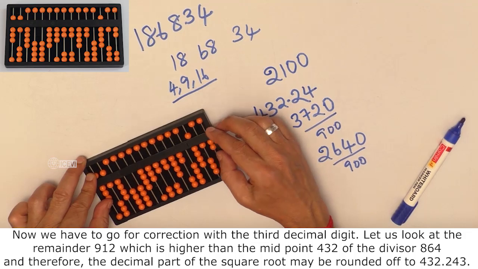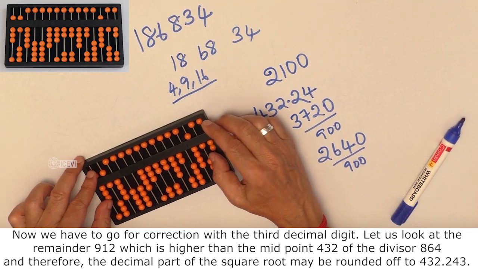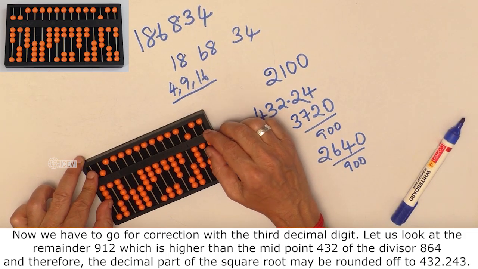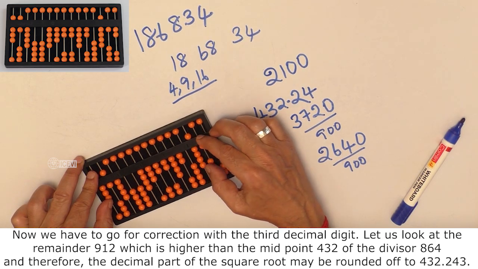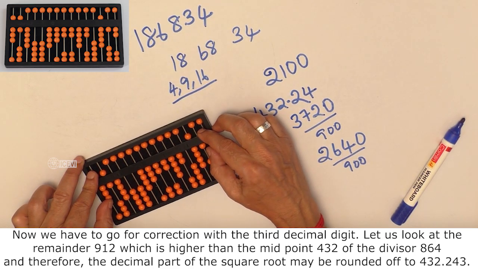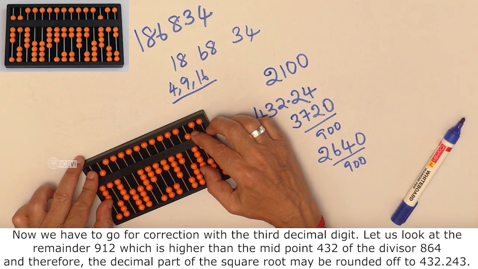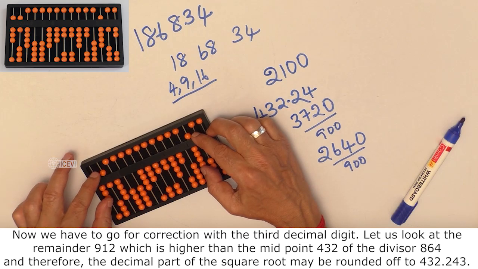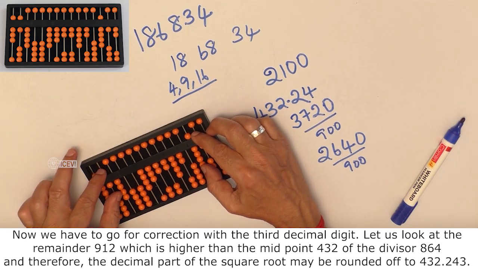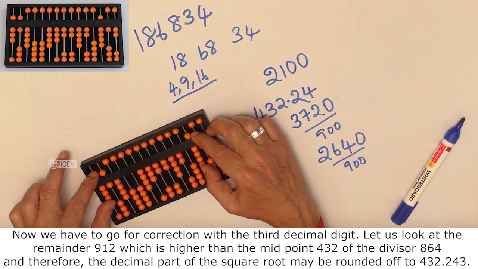Now we have to go for correction with the third decimal digit. Let us look at the remainder 912, which is higher than the midpoint 432 of the divisor 864.